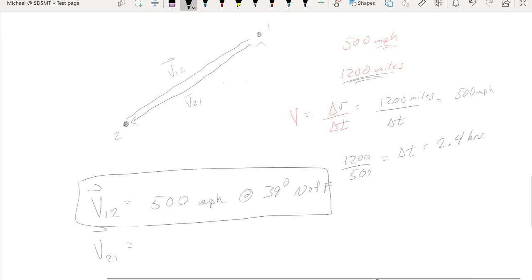And so, how fast is plane 2 going to be pulling away from plane 1? Well, it's going to be the same magnitude of velocity. The only difference is the angle that we're going to use to measure that. What is this angle going to be with respect to plane 1?